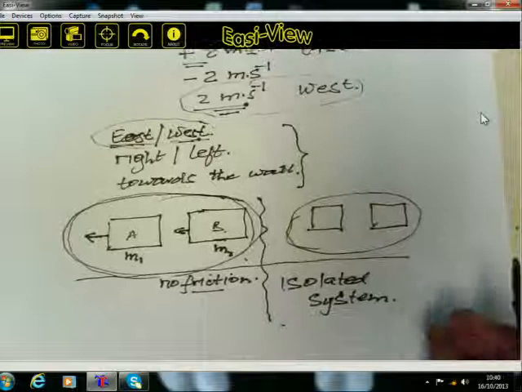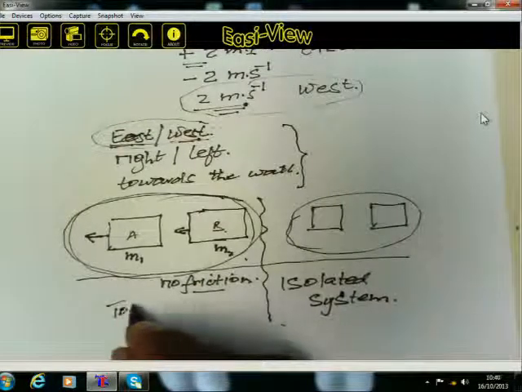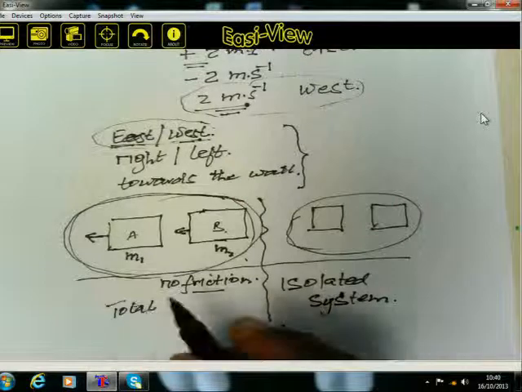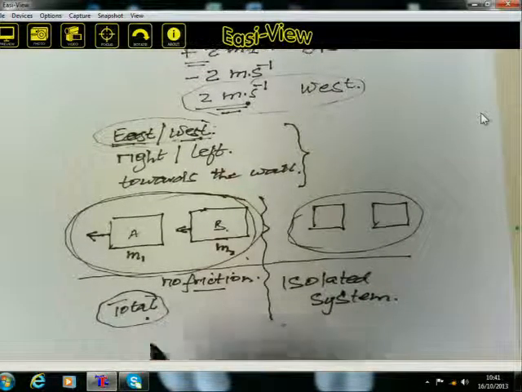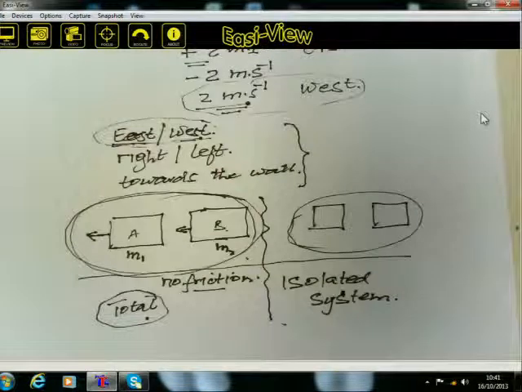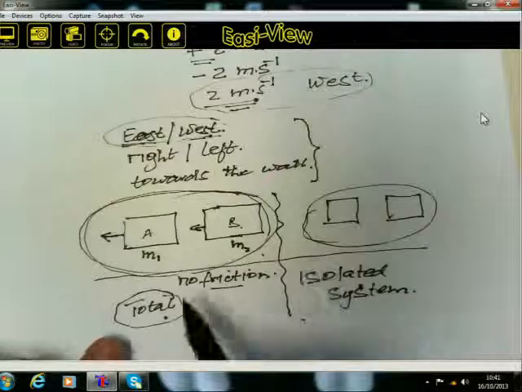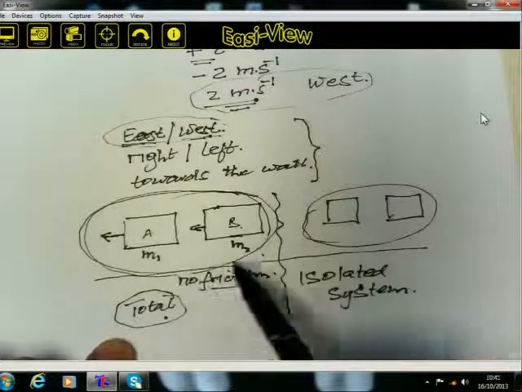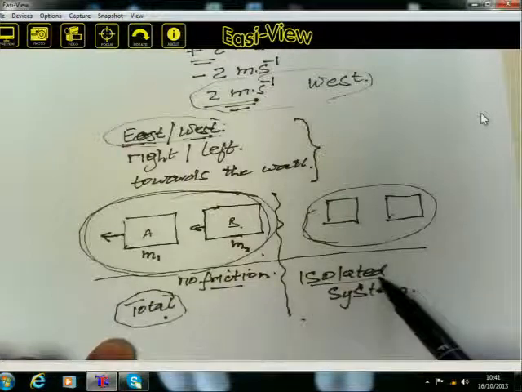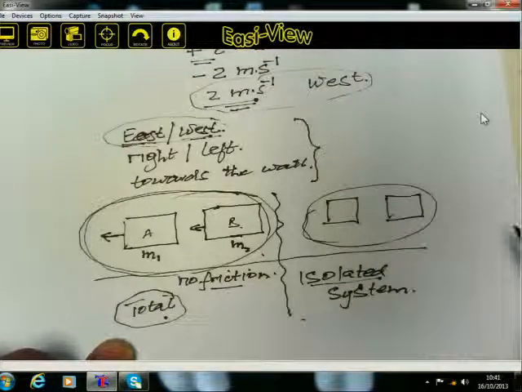Now, we have said you must have total momentum. This is a key word. When you state the law of conservation of momentum, you must indicate that the total momentum of an isolated system remains conserved.